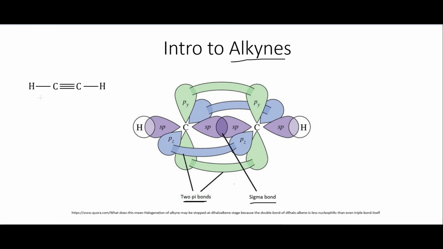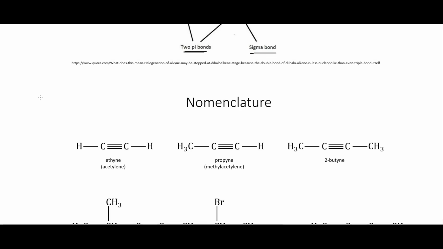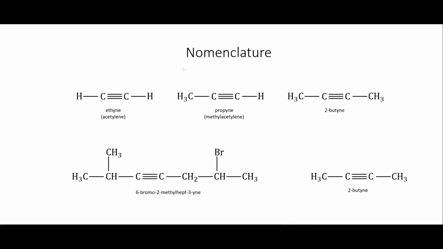And so as usual, the first thing to get out of the way here is our nomenclature. Just like when you have an alkane, the two carbons would be an ethane. When you have an alkene, the two carbons would be an ethene. When you have two carbons here, you have ethyne. So we're just putting this Y in here when we are using the triple bonds when we're talking about these alkynes.